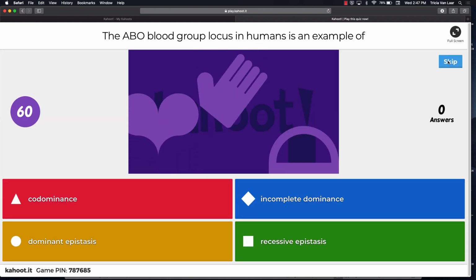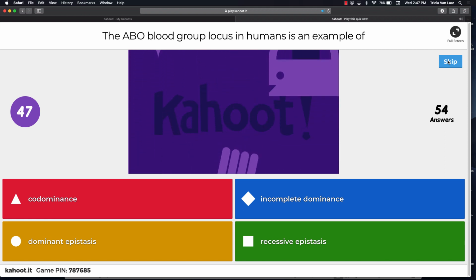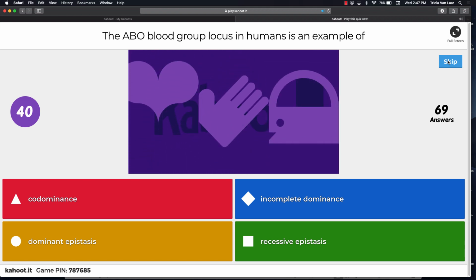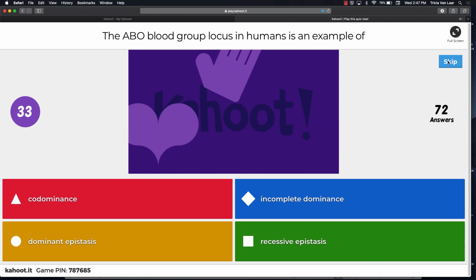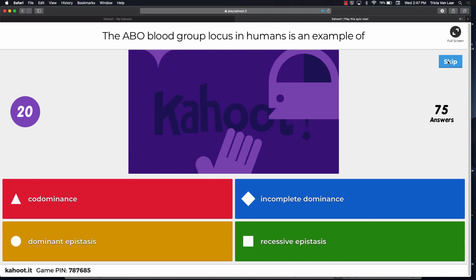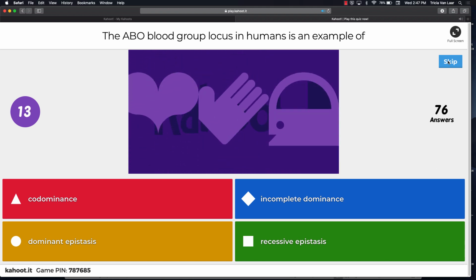The ABO blood group in humans is an example of what? Codominance, incomplete dominance, dominant epistasis, or recessive epistasis? Forget O. What does epistasis mean?